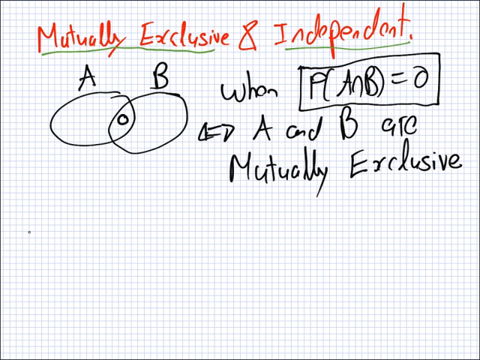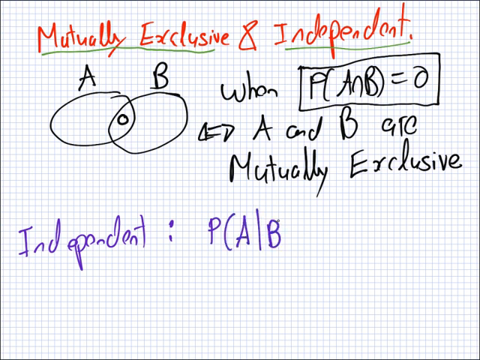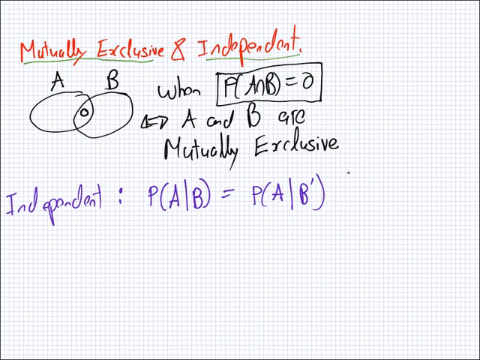One way you could say independent is the probability of A happening given that B has happened should be the same as the probability of A happening given that B has not happened, and that's equal to the probability of A. Can you see what you're saying here?